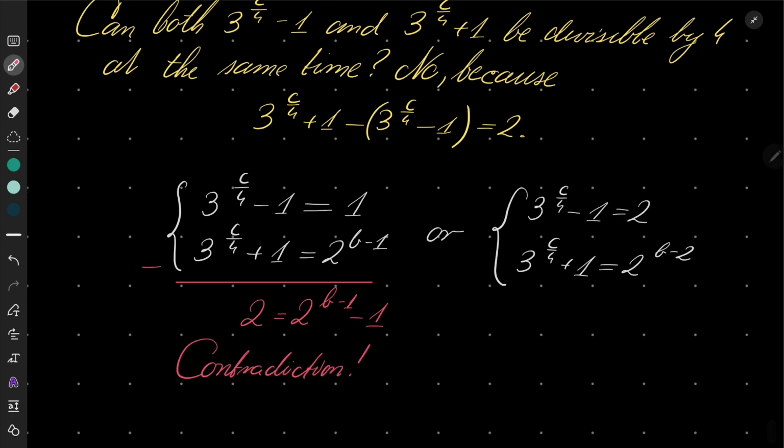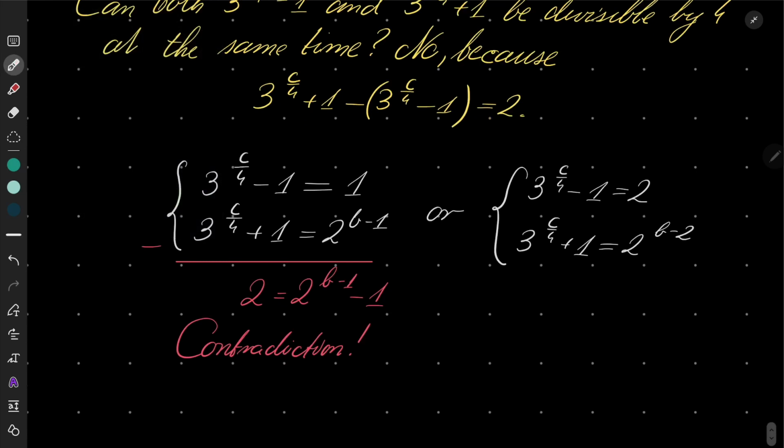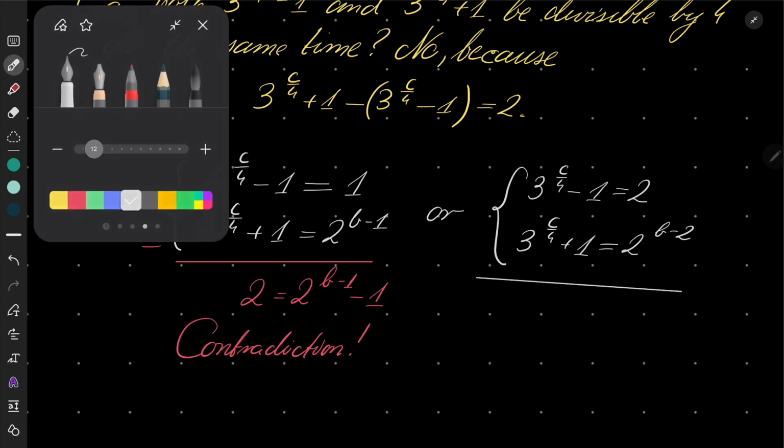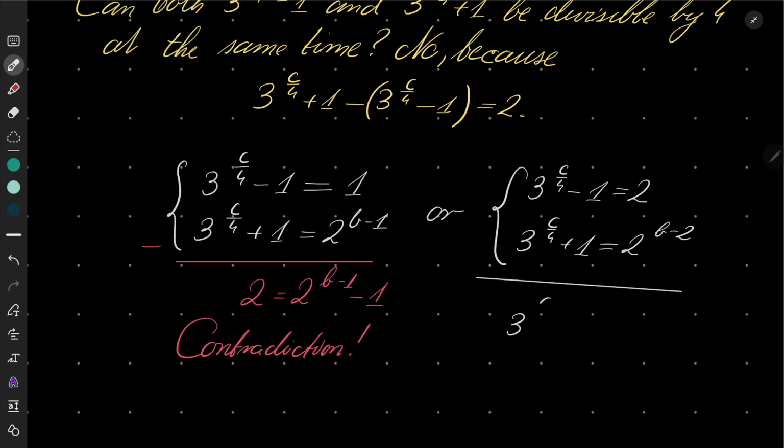Contradiction. So we have only one possibility, this one, and it's pretty easy to solve this system of equations. Let's notice that the first equation says that 3 to the power c over 4 equals 3.